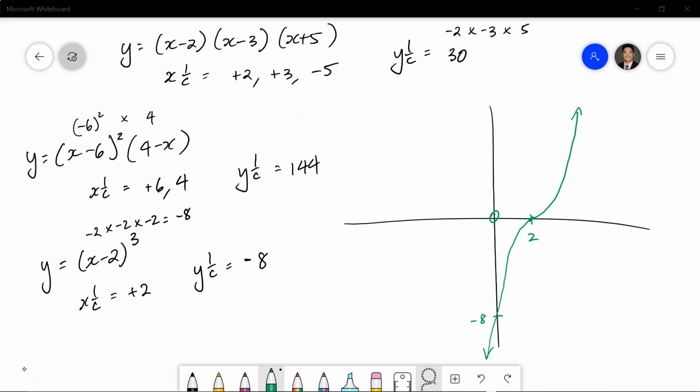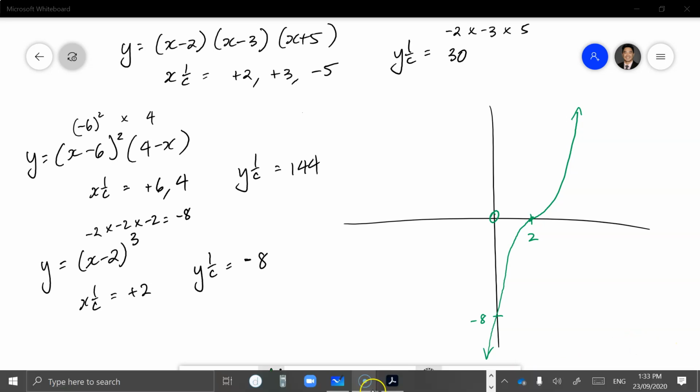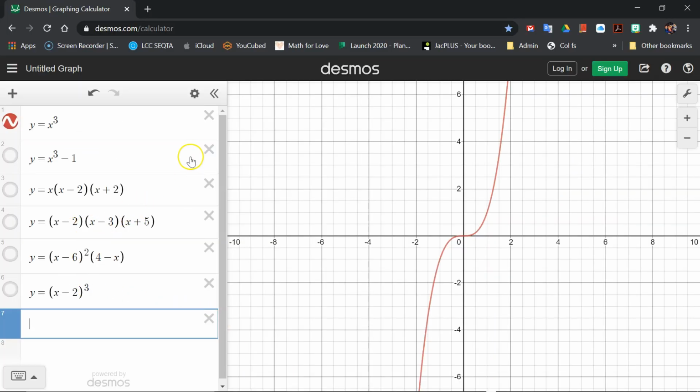If you're ever unsure of the direction, please just maybe utilize a table, or use your graphics calculator to get some confirmation. I'm just going to divert to Desmos just to show you what they look like. So again, it's just the sketches that we've already done before. Here we have our cubic function of x to the power of 3. And what we did was x to the power 3 minus 1. So this constant of minus 1 is going to do a vertical translation, shifting the graph down 1 unit.